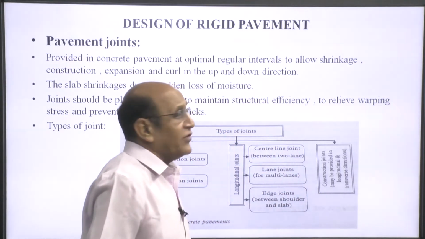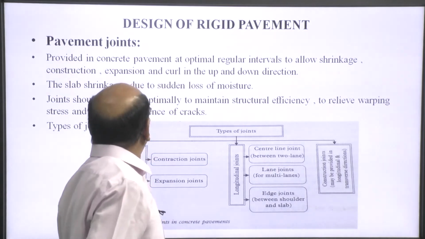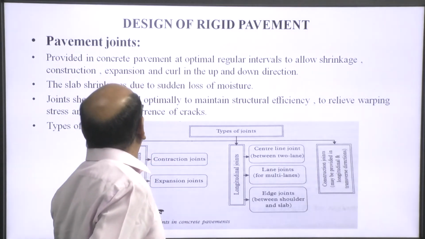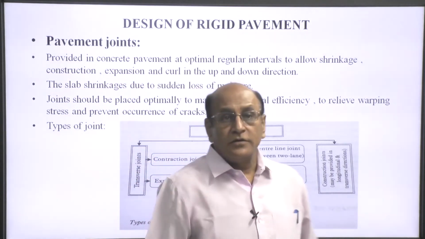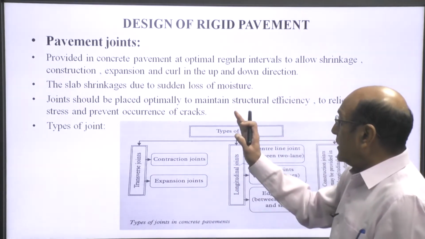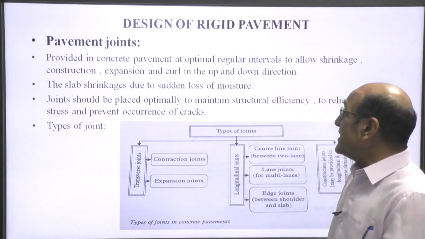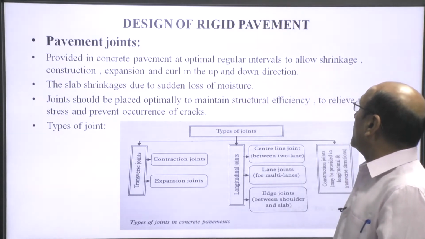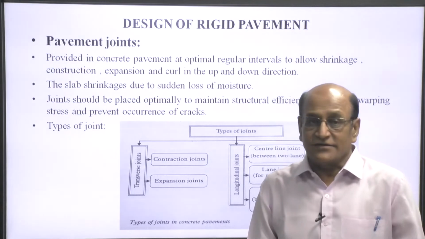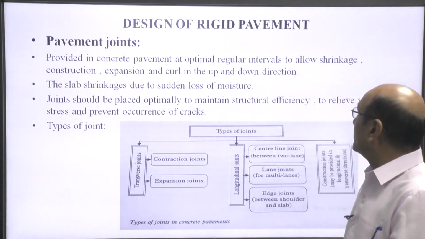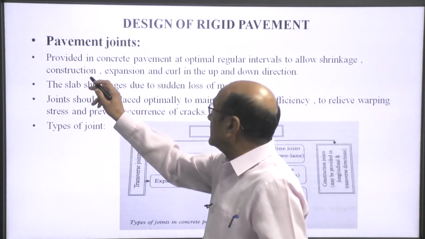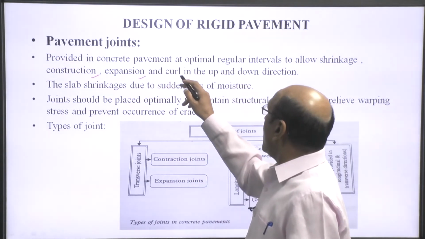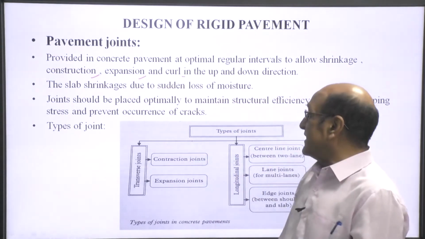Now come to the pavement joints. Pavement joints are provided in concrete pavement at optional regular intervals to allow shrinkage, construction, expansion, and curling in the up and down direction.